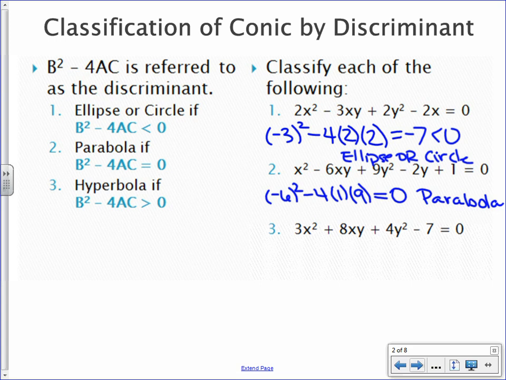In my last example here, 3x squared plus 8xy plus 4y squared minus 7. What is b? So b squared minus 4 times a times c. 64 minus 16 times 3.